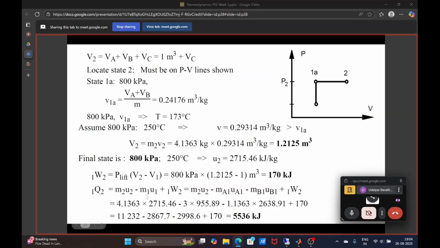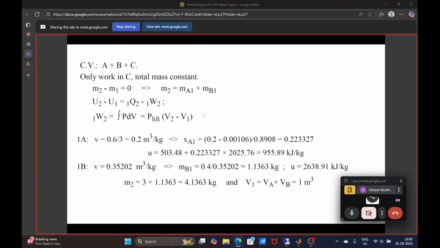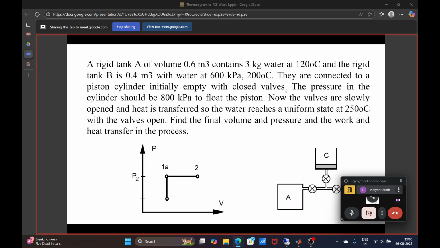So substituting the values, we get 4.1363, the total mass, multiplied by the final state internal energy at 800 kilopascal and 250 degrees Celsius, minus 3, the mass in tank A, multiplied by the initial condition of 120 degrees Celsius.